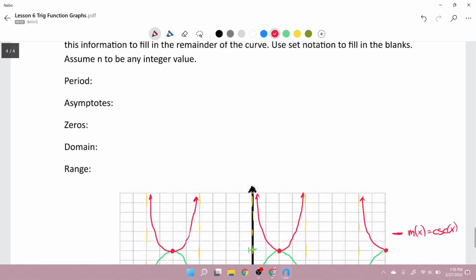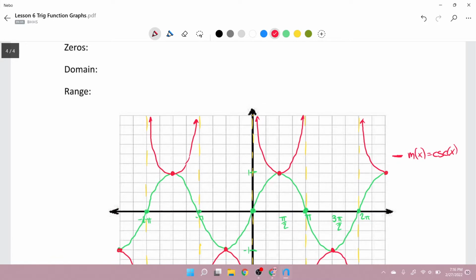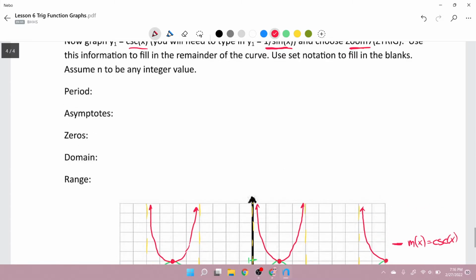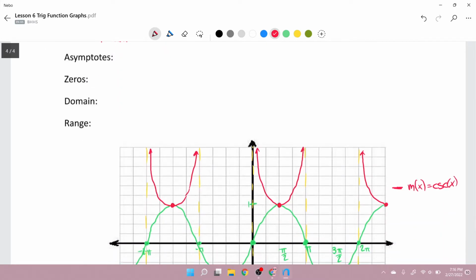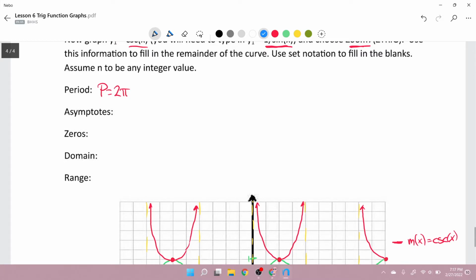The period of cosecant of x, well look, we were at pi halves and then we traveled 2 pi units to get to the next. So our period will be 2 pi. The asymptotes, what are the asymptotes of cosecant of x? The period is 2 pi.